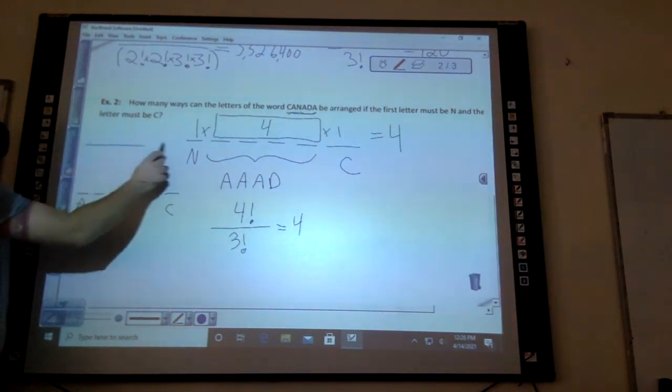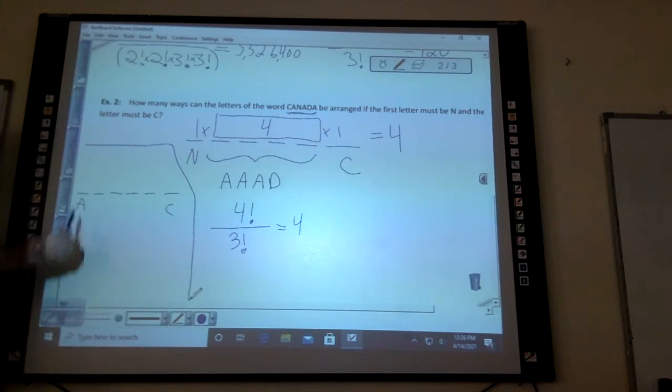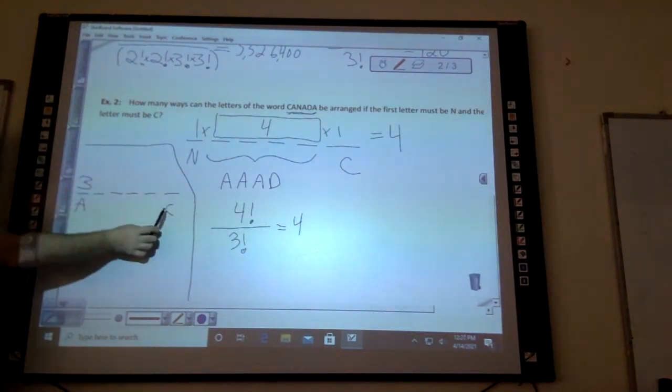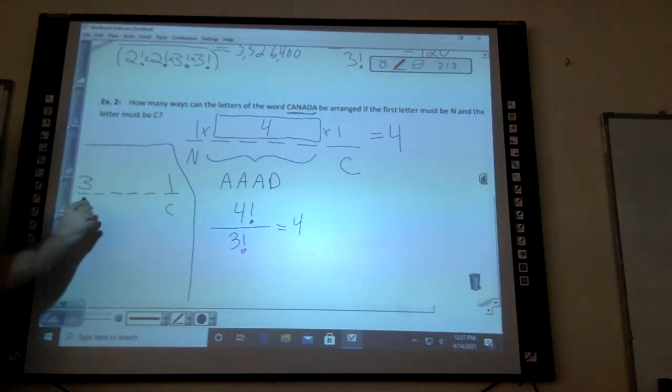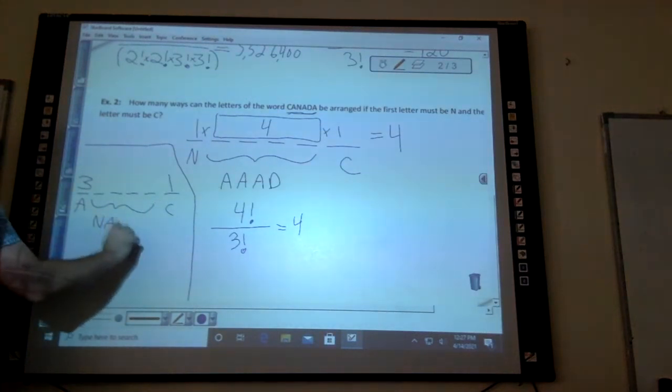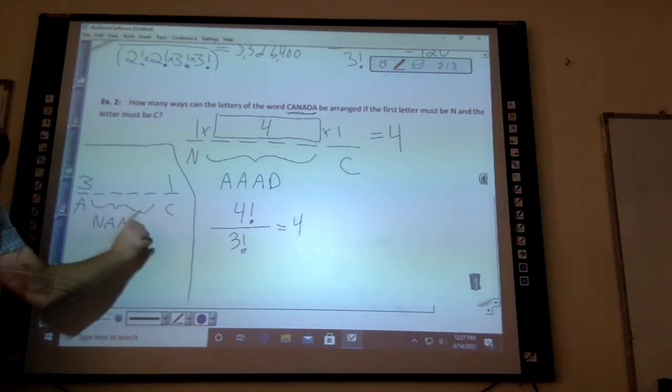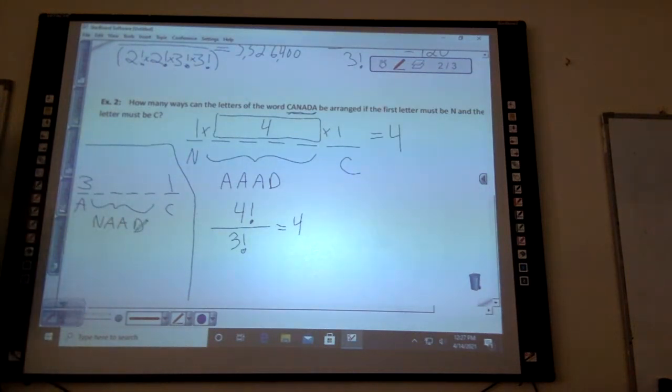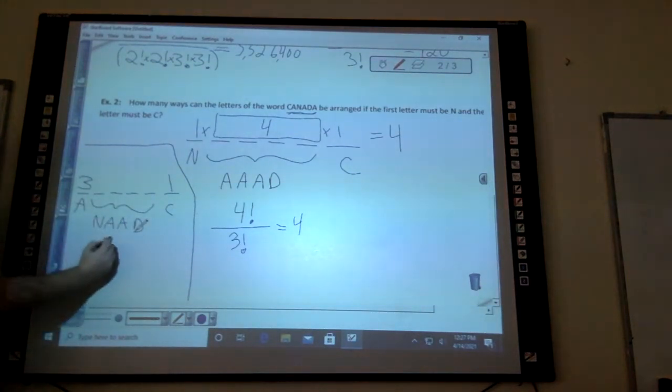So just to try a little experiment here, how many options do I have for A? 3. How many for C? Just 1. And then what am I left over with for this middle section? N, A, A, D. So in this middle section, I've got 4 total.